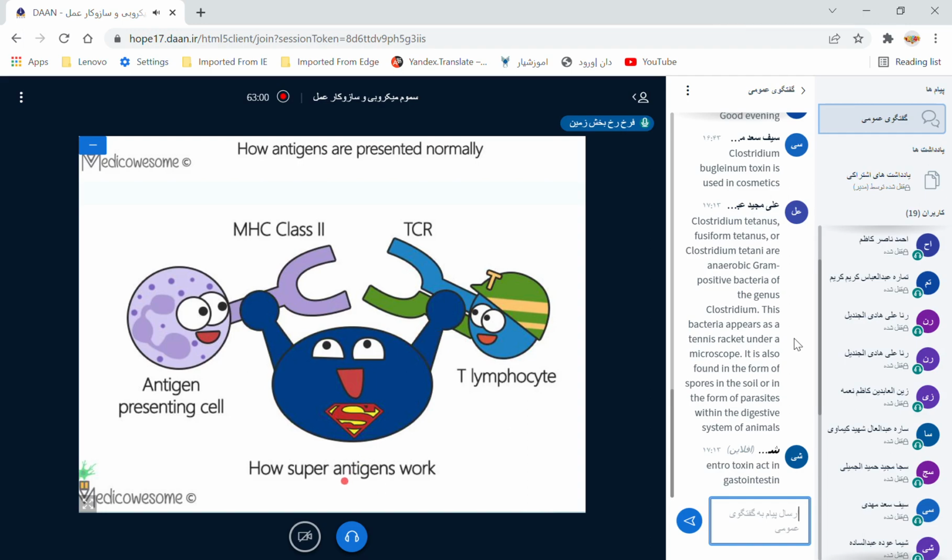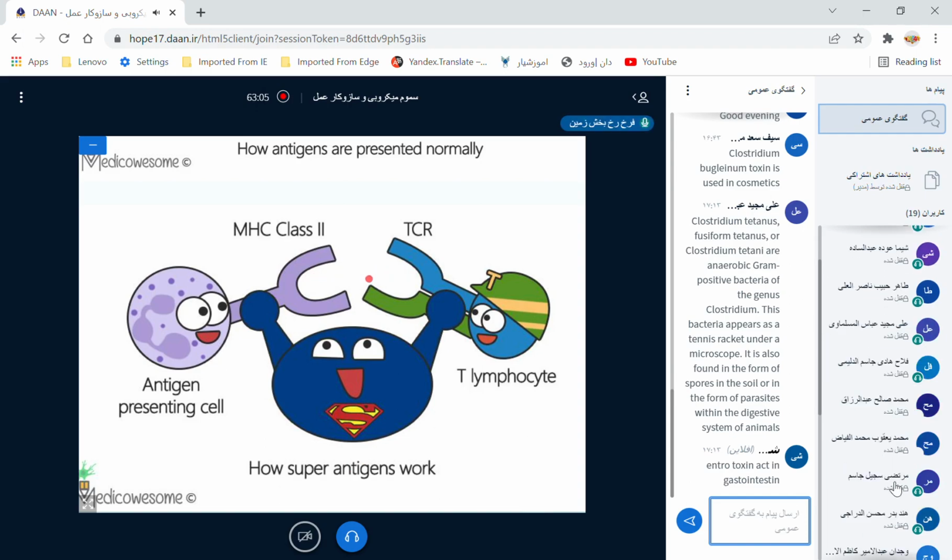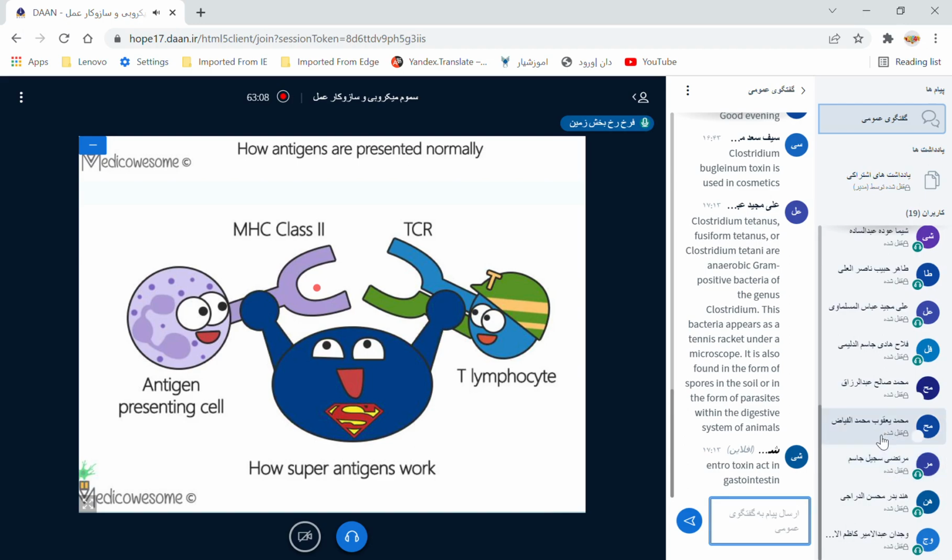So what? Without connecting the antigen presenting cell (APC) to the TCR directly, it can indirectly connect the T lymphocyte to the antigen presenting cell.